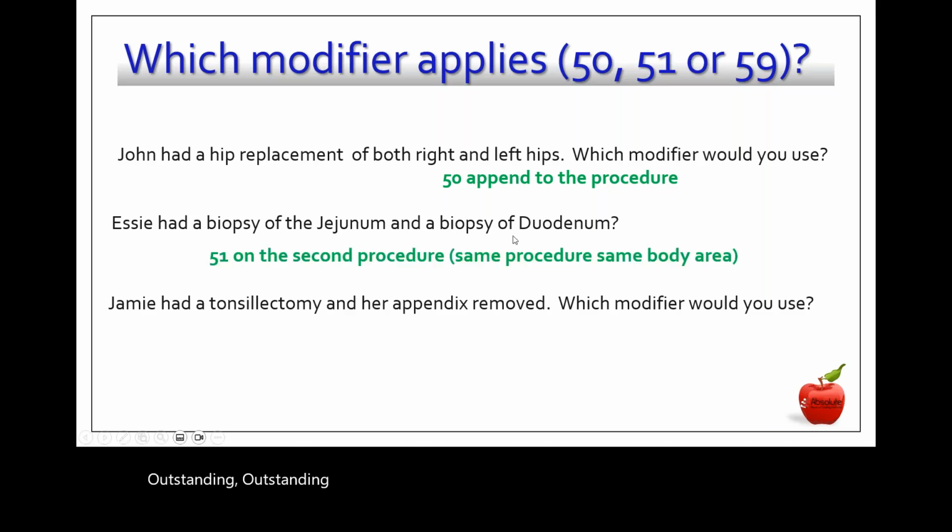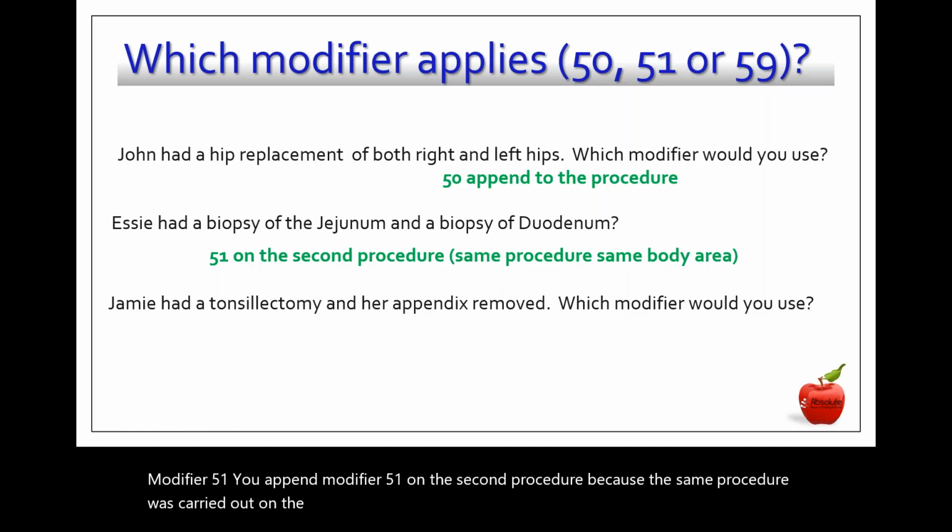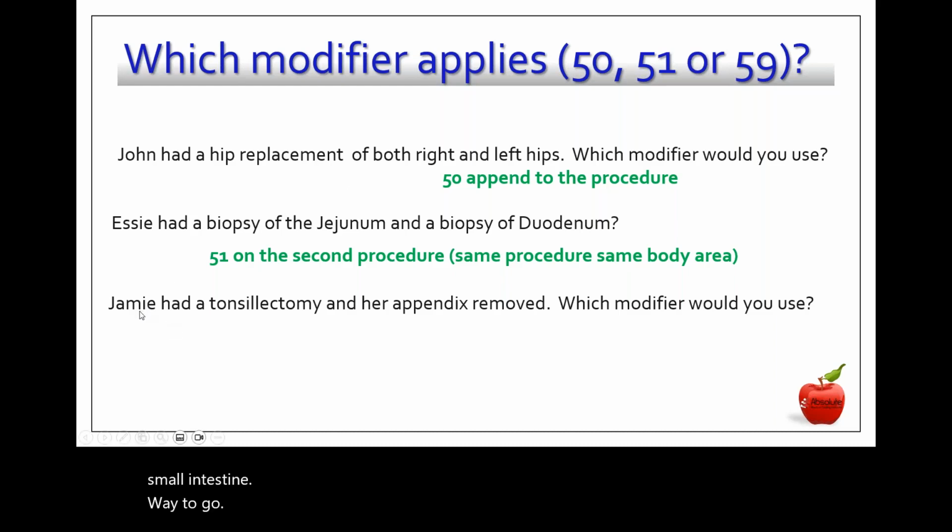You append modifier 51 on the second procedure because the same procedure was carried out on the same body area. Both the jejunum and the duodenum are part of the small intestine. Way to go.